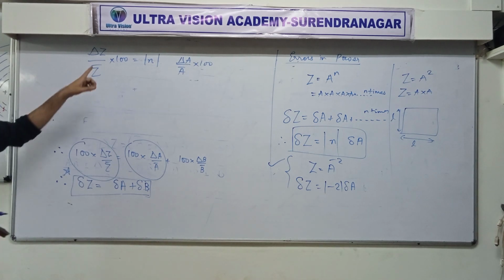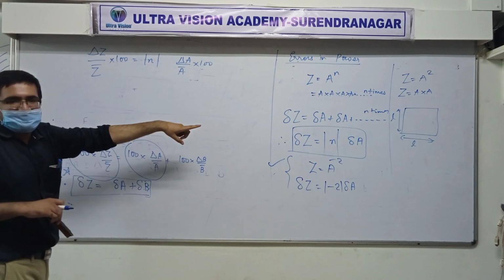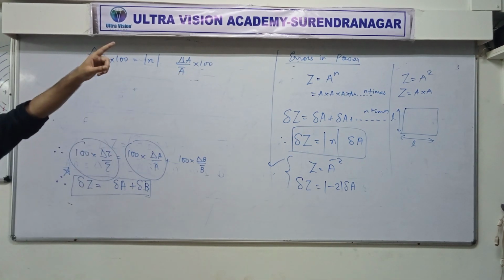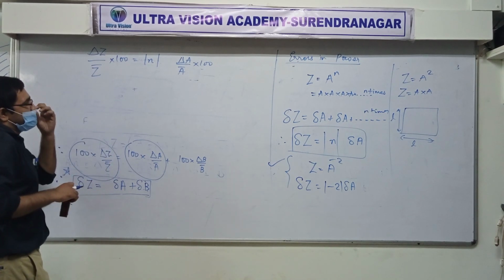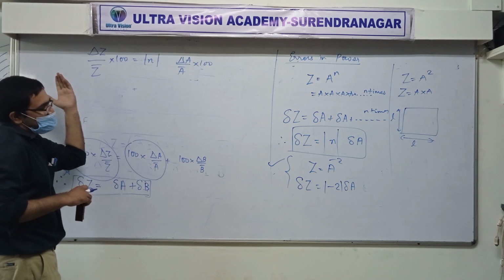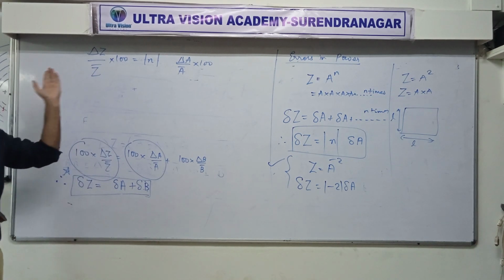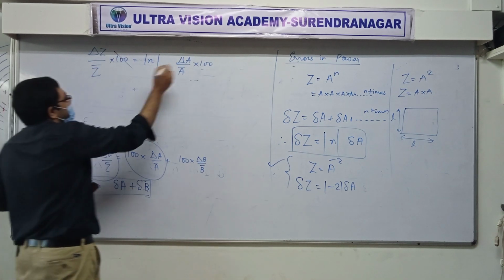The formula of percentage, what is that? Delta z upon z bar into 100. Okay or not okay? Yes. And on the right side, delta a by a bar into 100. Yes or no? Yes. Anything cancelled on both sides? Yes. Only the 100.